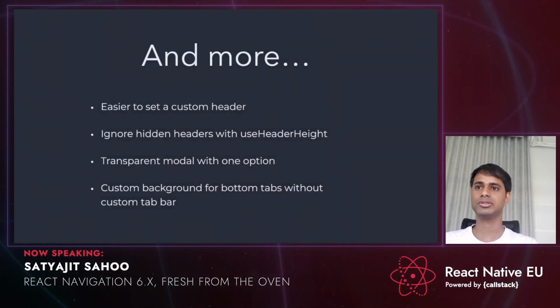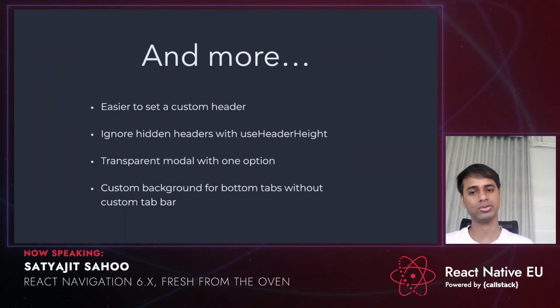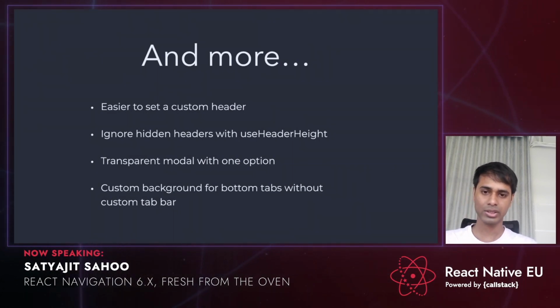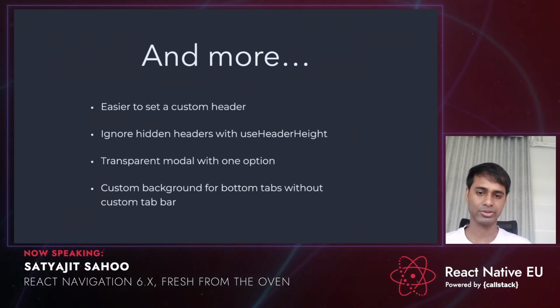So this is not all. Another common example was when you set a custom header on Stack Navigator, you also had to set headerMode to screen, or if you didn't do that, you had to handle the animation manually. While it's nice to be able to handle the animation manually, a lot of people got confused that they had to do that.